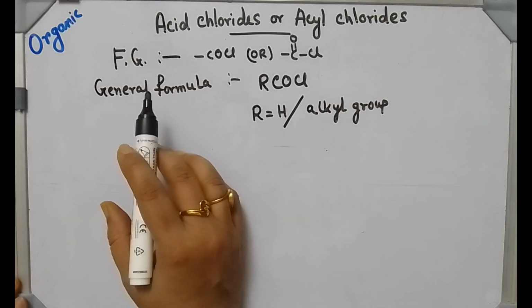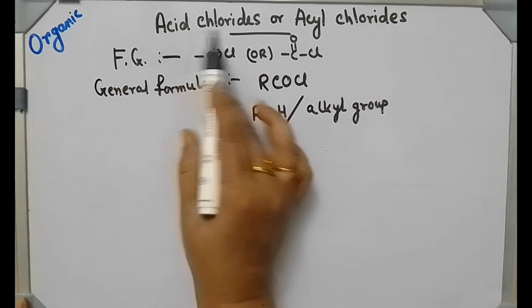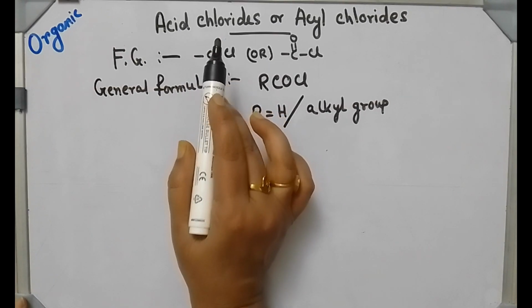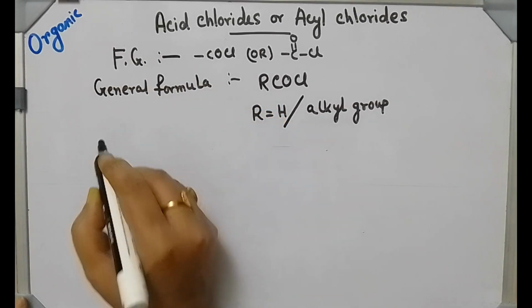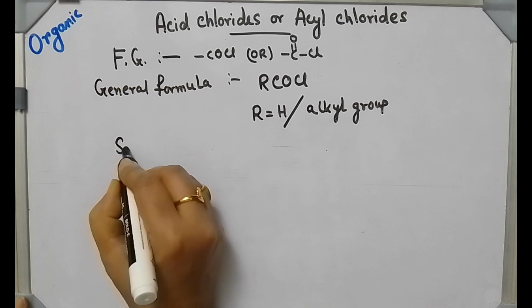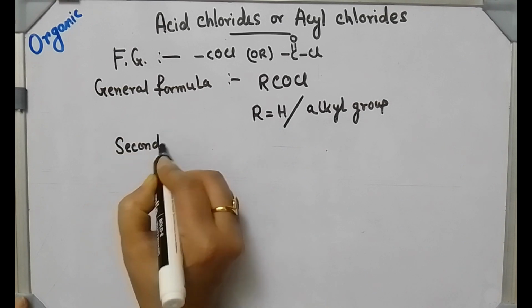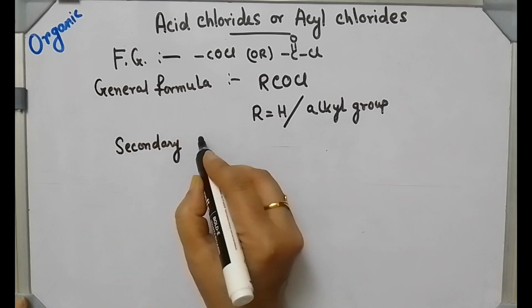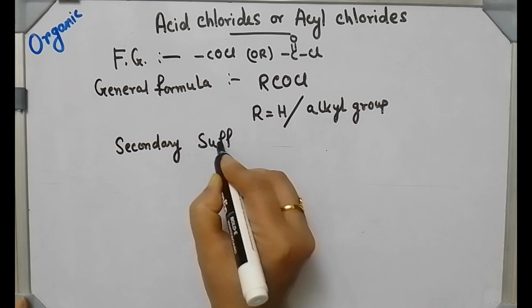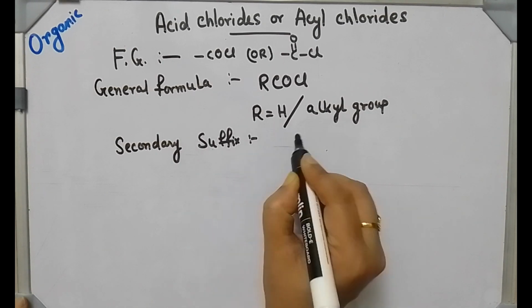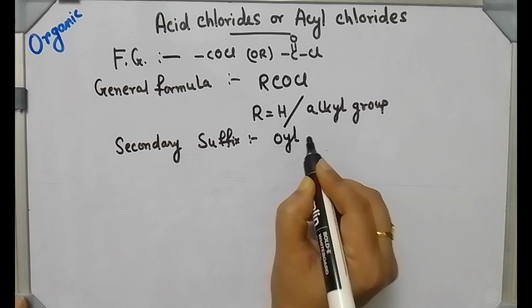Now see here, if acid chloride is as principal functional group, then you have to use secondary suffix oyl chloride.